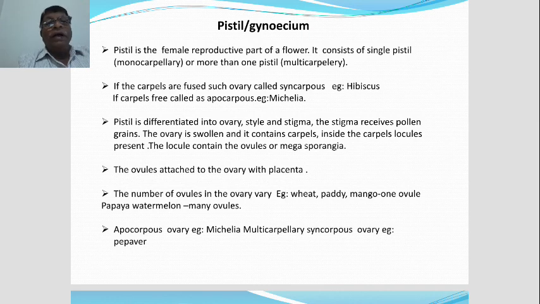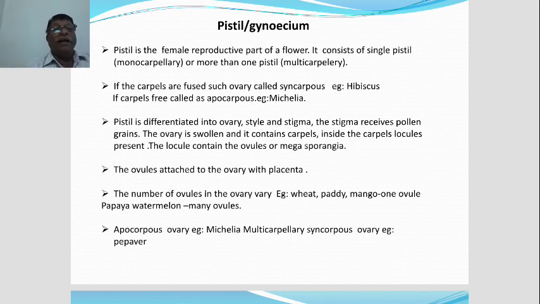The ovary may consist of one carpel called monocarpellary. Example, pea, or the members of the family Leguminosae. Or even the carpels may be many. If 2, bicarpellary, 3, tricarpellary, 4, tetracarpellary, 5, pentacarpellary, more than 5, multicarpellary pistil we call.